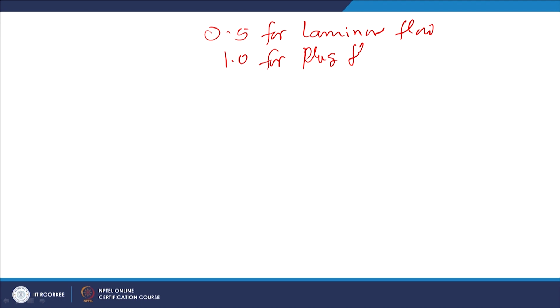Usually alpha has the value of 0.5 for laminar flow, and 1.0 for plug flow. It tends to 1.0 for turbulent flow.